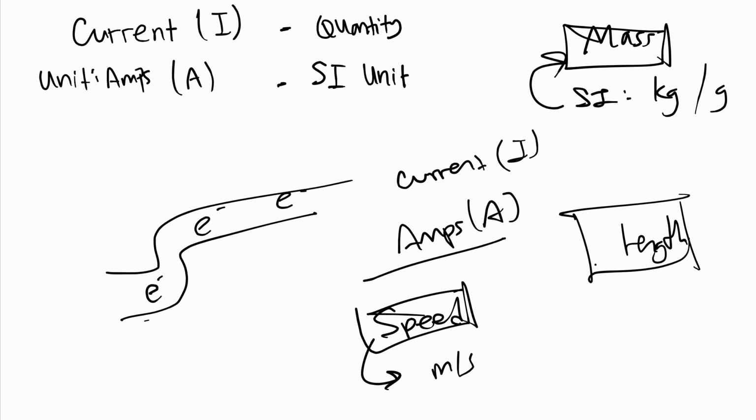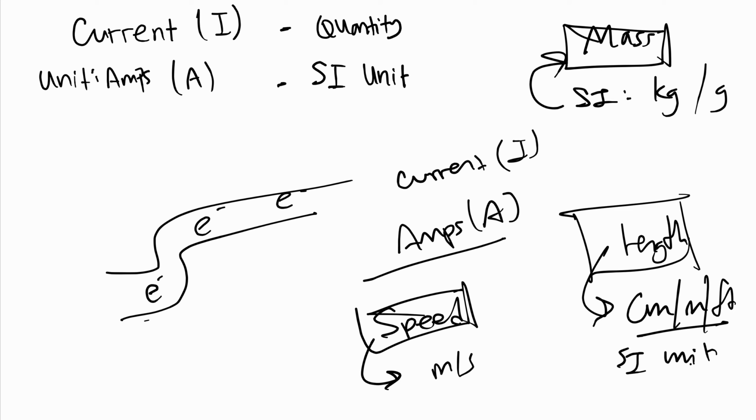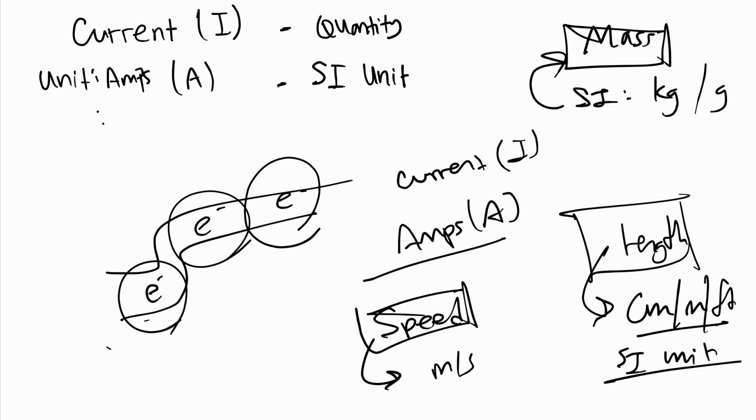But you don't measure something with length. You use units like centimeters or meters or even feet if you're American. That's the SI unit, the unit of measurement. So the current is just the flow of electrons. But you don't measure the current using current. You need a unit, the SI unit, called amps, which is the measurement of the flow of these electrons.